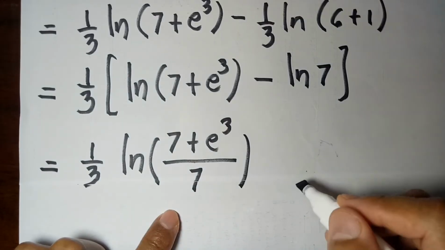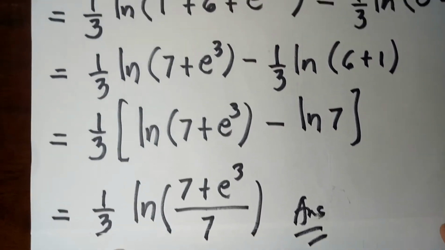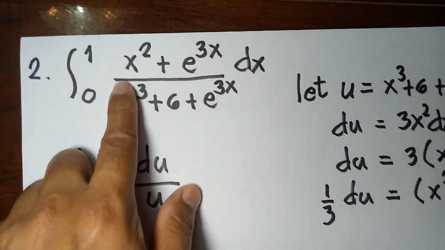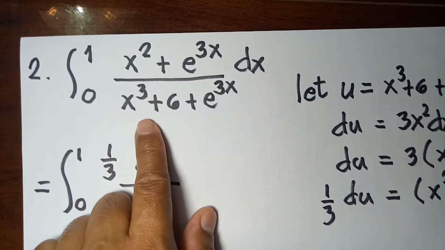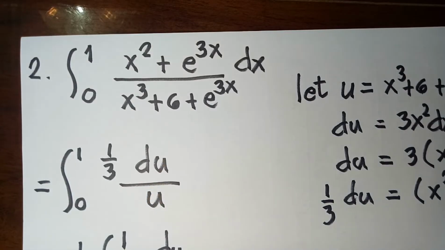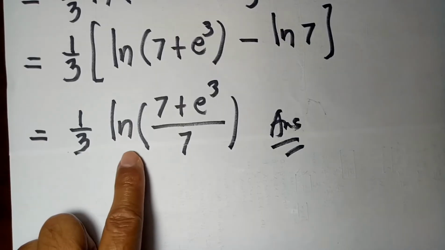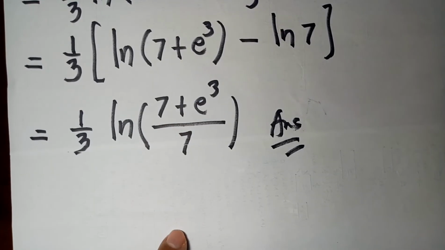So this is now our answer. So the integral from 0 to 1 of x squared plus e raised to 3x dx divided by x cubed plus 6 plus e raised to 3x equals 1/3 ln of 7 plus e cubed over 7.